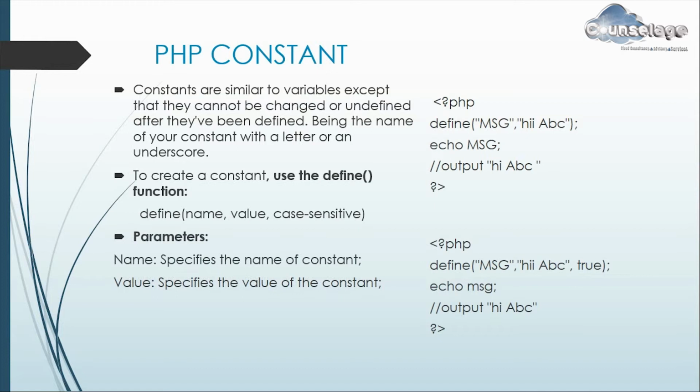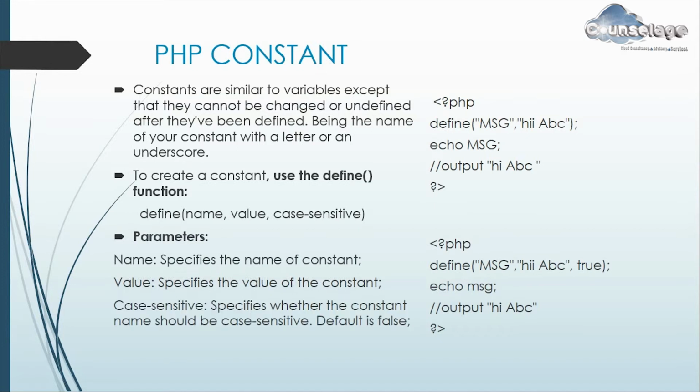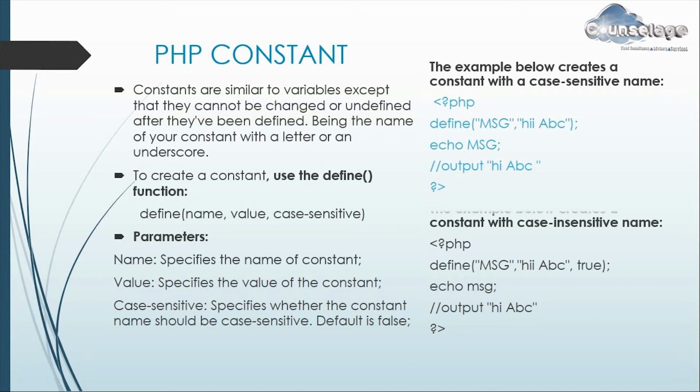Name specifies the name of the constant, value specifies the value of the constant, and case sensitive specifies whether the constant name should be case sensitive or not, and by default it is not case sensitive. The example below creates a constant with a case sensitive name.